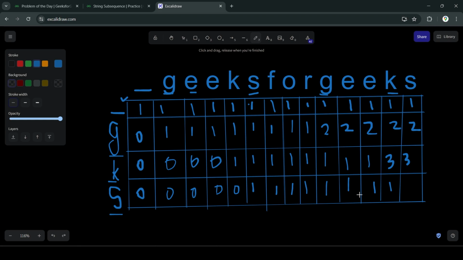If you do not know what LCS is, you may not understand this concept. So it is better to try LCS first, then come to this problem, then it will be easier for you. Okay, so let us try to code it up.